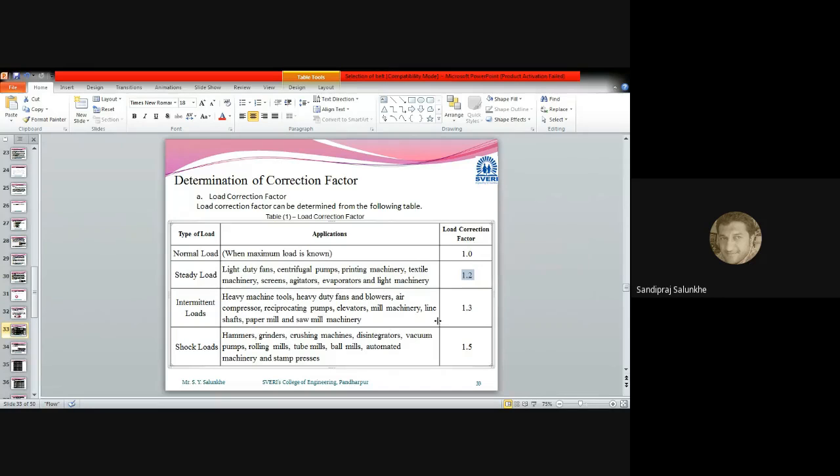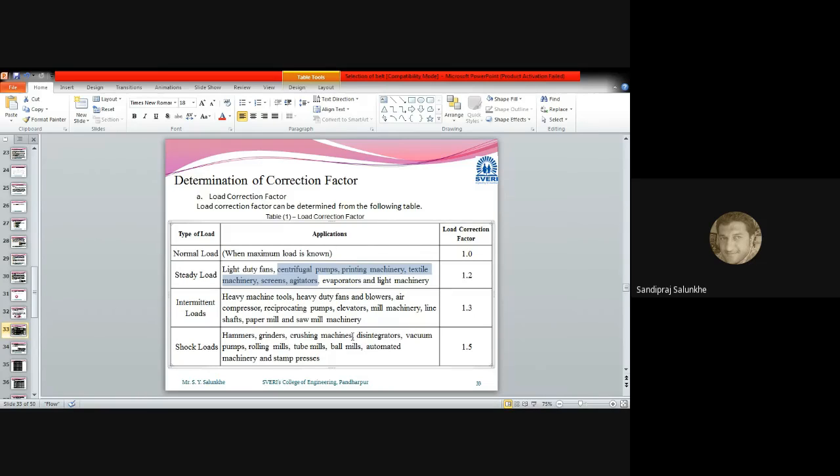Now you may ask, sir, where we can get all these values? No doubt, at the time of examination, this table will be provided to you. So you just have to check in which type of application the problem statement comes.